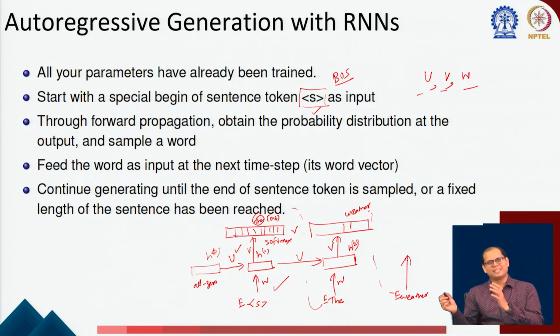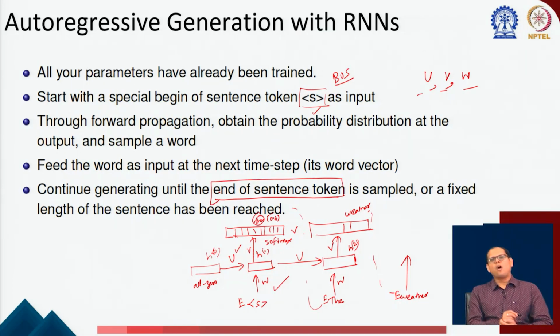And I keep on doing that until I have some end of sentence condition, which may be either the end of sentence token is generated, or because you don't want it to generate forever, you may also have a constraint that I will stop whenever it has generated say 15 words. I don't want to go beyond that. So even if I do not get an end of sentence token, I can stop. So you can have some termination condition. Okay, so this is how this generation is done.